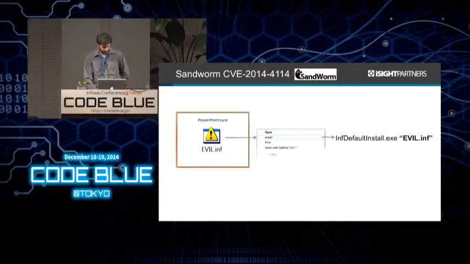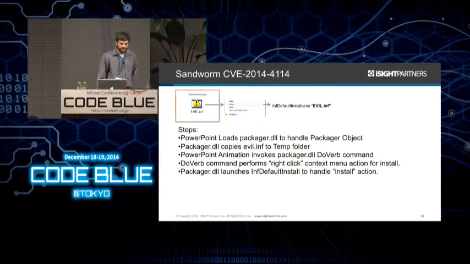So how does this work? First, PowerPoint says, okay, someone's embedded a packager object in this PowerPoint, so it needs to load the packager DLL into the process memory space. At that point, the packager DLL is responsible for copying that INF file into the temp folder. Then there's a PowerPoint animation, and this invokes a do-verb command.